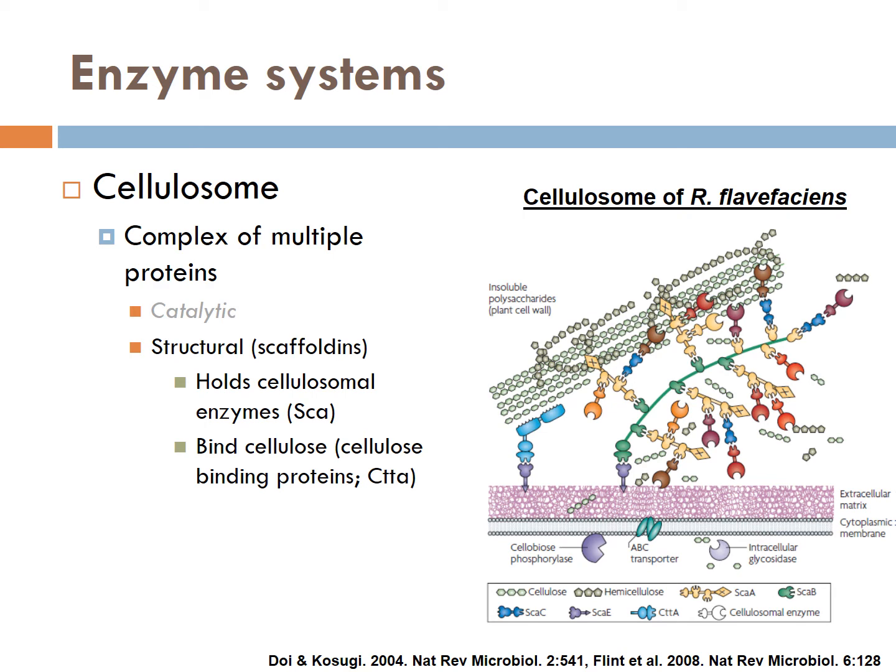The subunits that bind cellulose are cellulose-binding proteins. This is CTTA, and it's shown in a light blue. As we mentioned earlier, phenylpropionate and phenylacetate stimulate the formation of the cellulose-binding proteins.